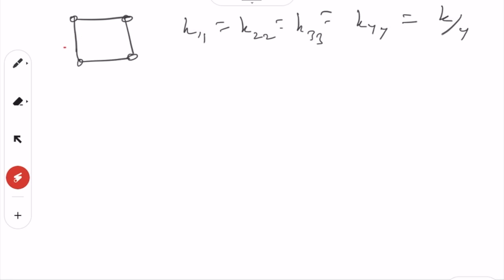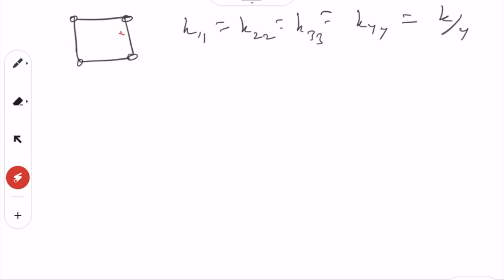Here it is symmetric, because if you see this node, it is connected to all other three in a similar way. The distance from here to here, for example, is a, here to here b, here to here root a square plus b square. Similarly, you can see the similar situation from here also, and for this also. So all symmetric, hence this will hold.